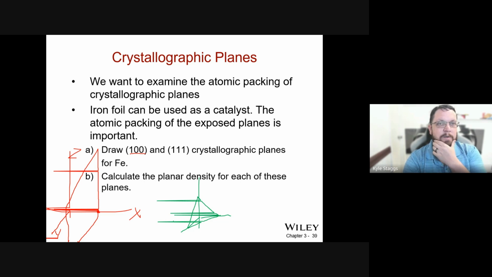But this region right here is the plane that's formed by that 1 1 1 crystallographic plane. The planar density, we have to go back and remind ourselves what that is.